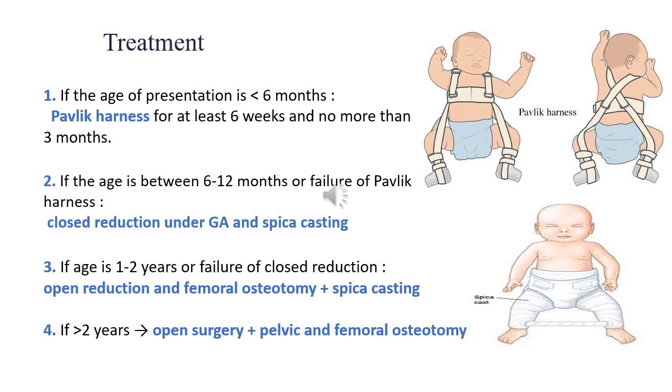And this is a long incision at the front of the hip to try to open the hip joint and remove all the obstacles on the way, and then put the hip back in place. And sometimes, especially if the child is older, we will need to perform some osteotomies of the pelvis and of the femur if required to allow this reduction. And also, after these operations, the baby will require a spica cast as well.